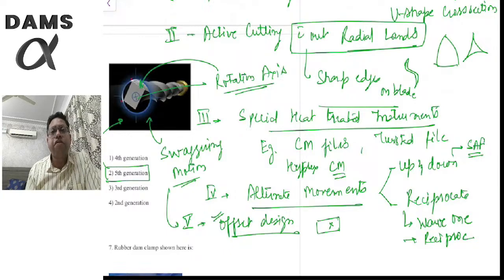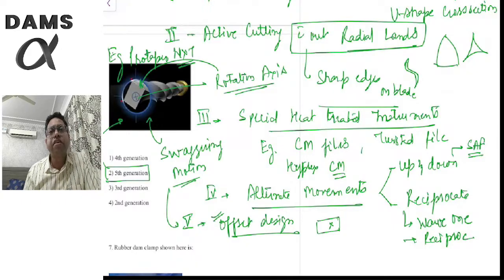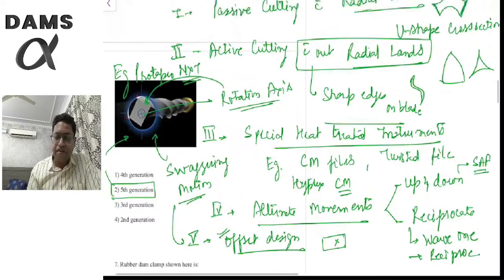That's why they are called offset design instruments. They have a better centering ability inside the root canal. They have a snake-like or swaggering motion. Example of this instrument is ProTaper Next. Some prominent examples.